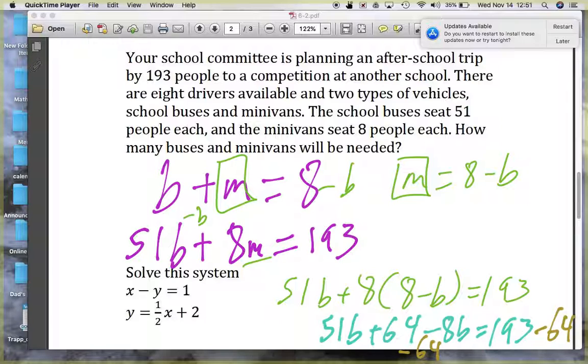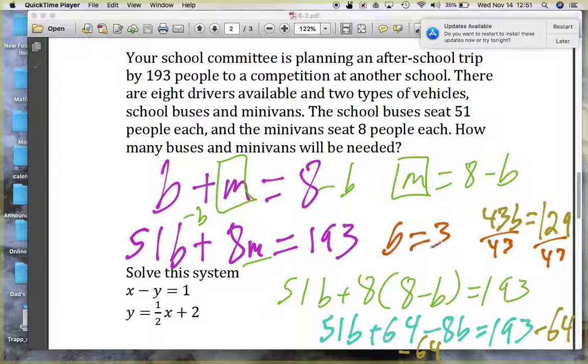I'm going to put my b's together there, so I get 43b. That would be what, 130, 129, I think. So you get the buses equal 3, and then the vans would obviously equal 5. Okay.